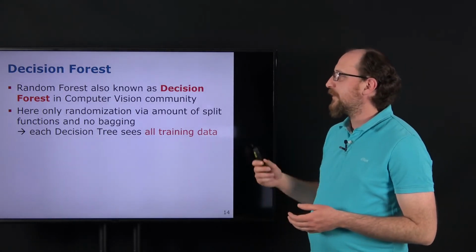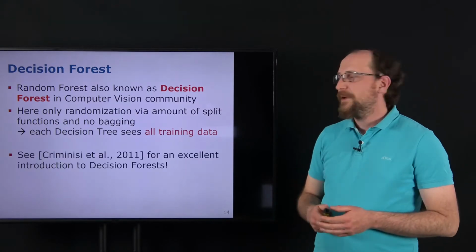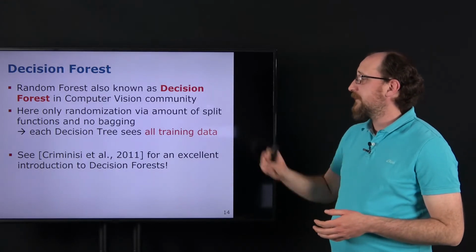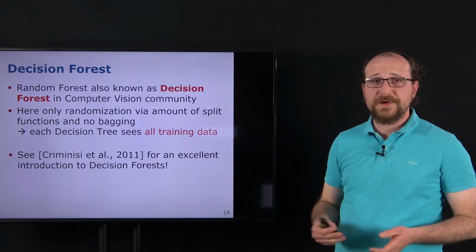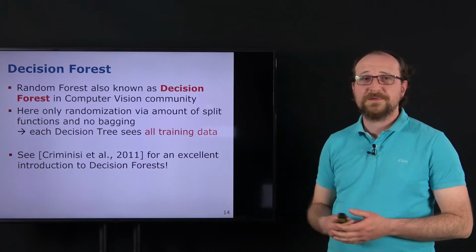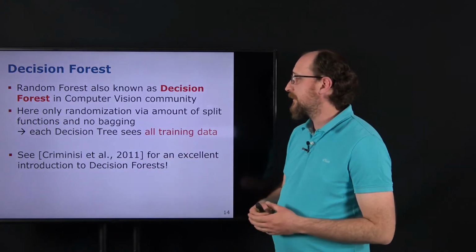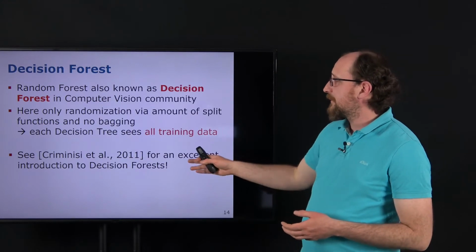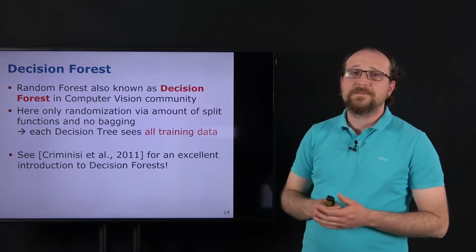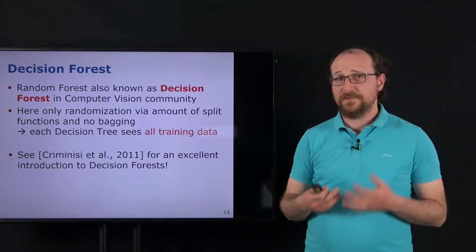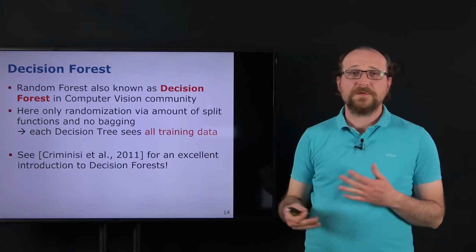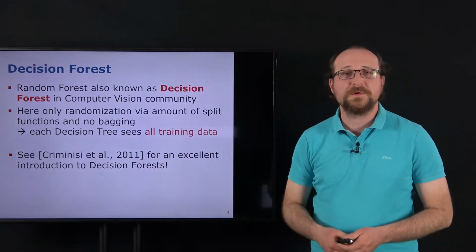But one specific point, as I said, in this technical report from Criminisi, which is an excellent resource with discussions of different topics like regression and density estimation, is that they advocate the view that we don't do bagging at all, but just use the random splits. The advantage is that all the trees always see all training examples, which is something you may want to have.